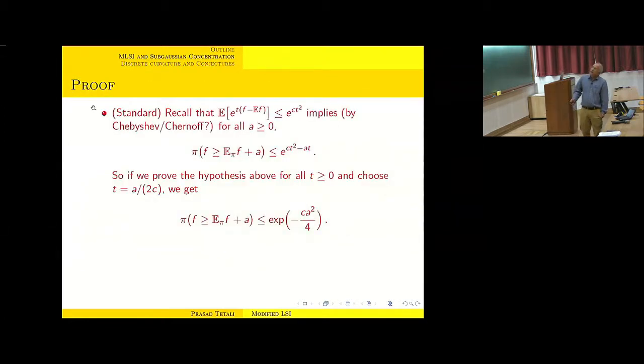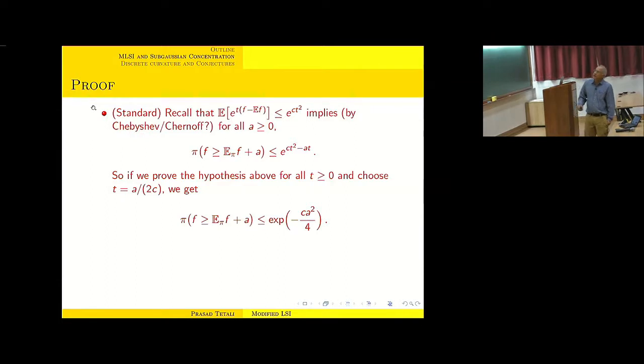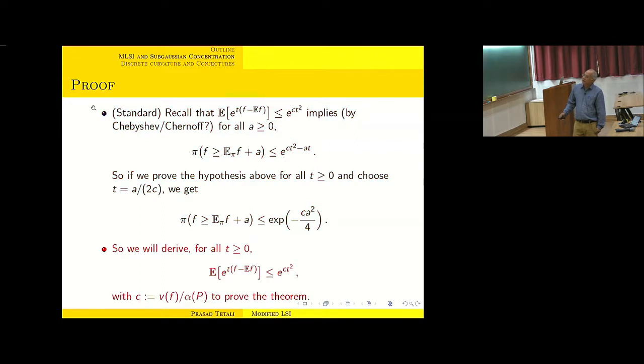Yeah, so this is usually called the Herbst argument. And so we want to establish, as before, a bound on the moment generating function. So this conclusion follows. It's basically a two-slide proof of how to do that. Okay, so again, we want to establish this for appropriate C.